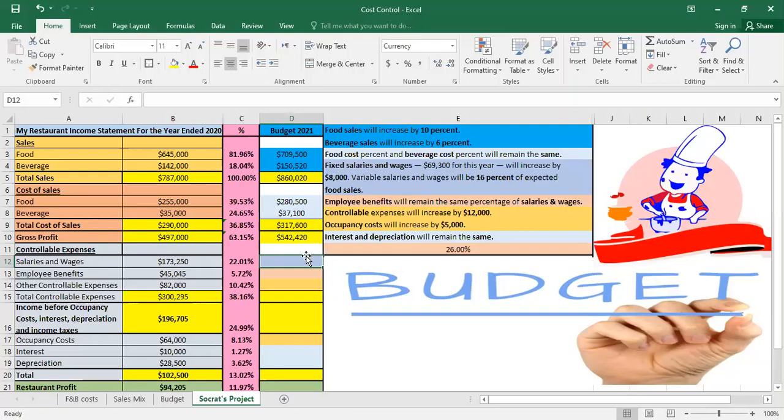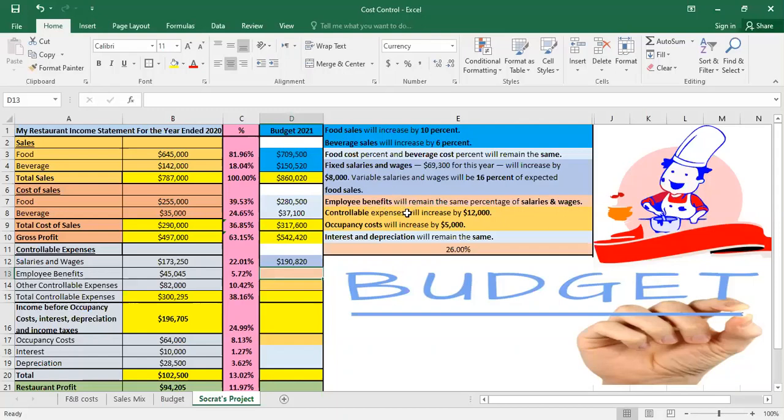So what we have to do here is say 69,300, the fixed, will increase by 8,000. This is why plus 8,000. Plus now the variable part, it's 0.16, 16% times the food sales. So it's 16% of the 709 that we're having. Like this, we calculated the salaries and wages.